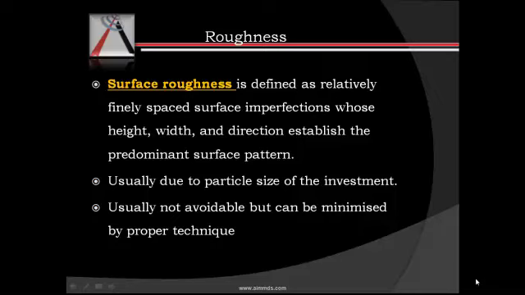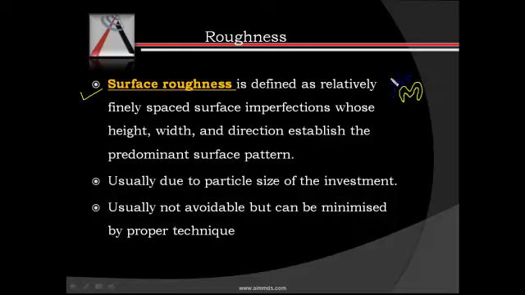Next we'll be talking about the next type of defect, that is roughness. Roughness is a finely spaced surface imperfection. So when we say roughness, it means surface imperfections. At this point you should remember how our wax pattern was invested in the investment.